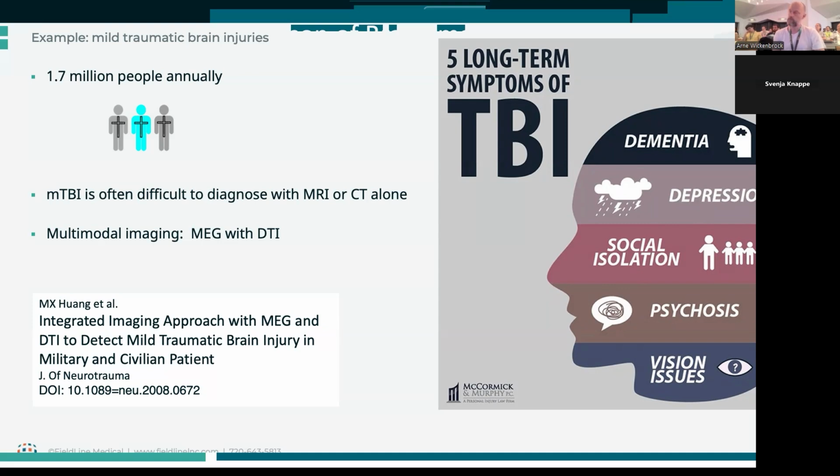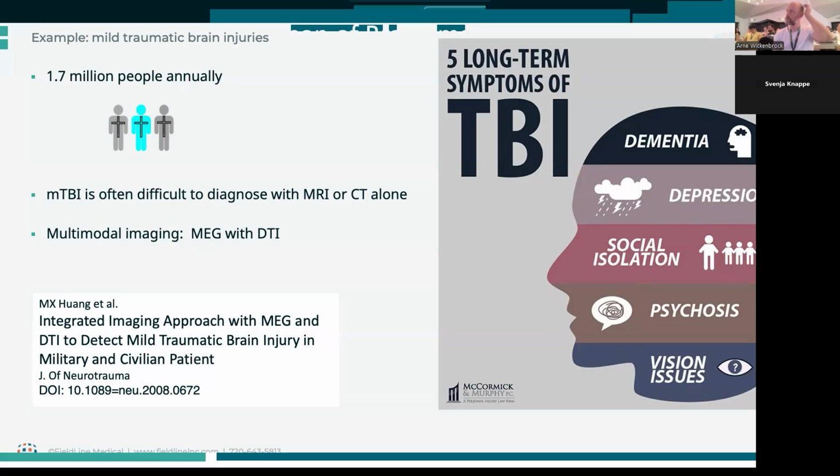Often the symptoms are depression, irritability, headaches, and they can last for years, so it's difficult to diagnose and to see if treatments help, because the symptoms change slowly over time.